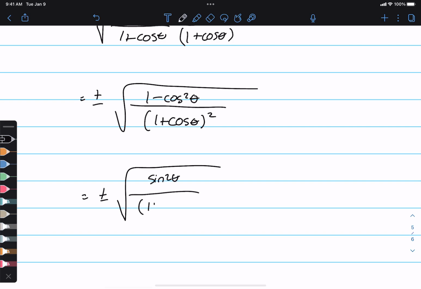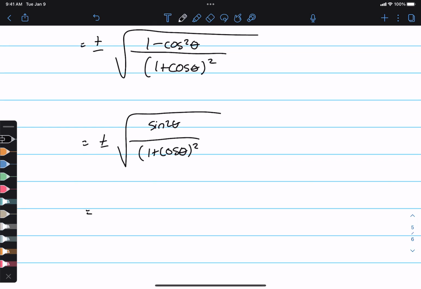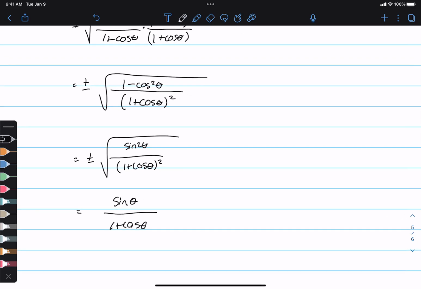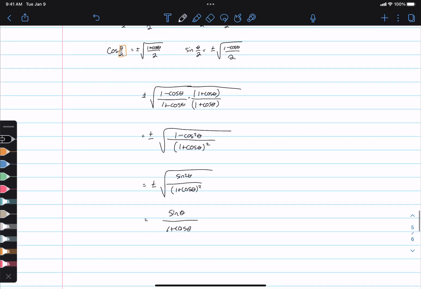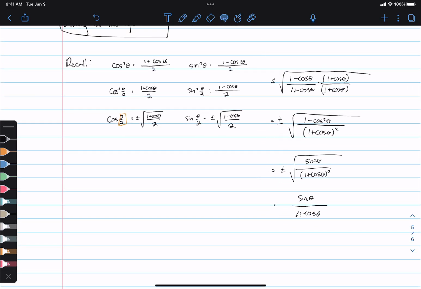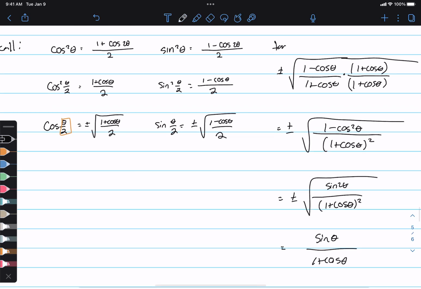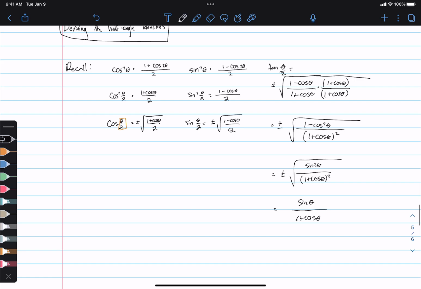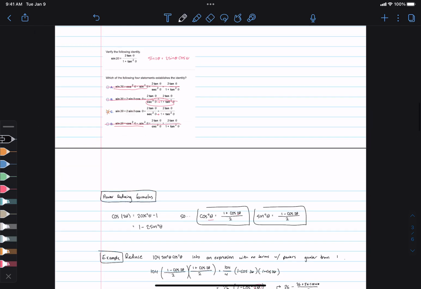And then that bottom part remains 1 plus cosine of theta squared. And again, we can take out the square root. Now it's just sine theta over 1 plus cosine of theta. And again, the signs magically work out, so we don't have to worry about the sign anymore. I hope this was helpful in seeing how we derived the trig identity. So again, this is tangent of theta over 2. And I hope to see you in the next video. Thank you very much.